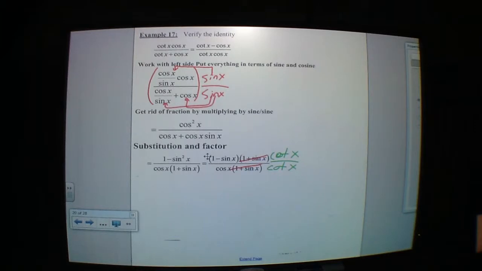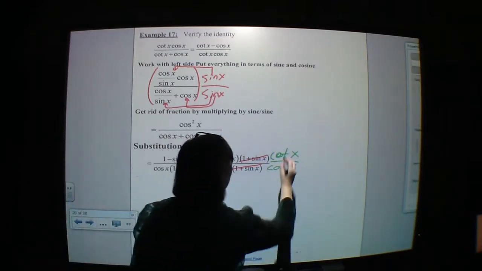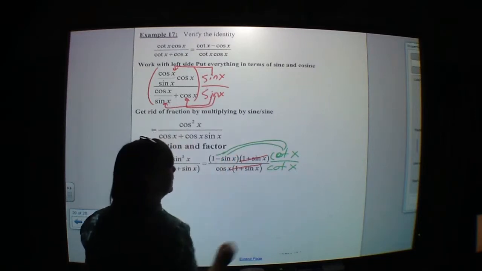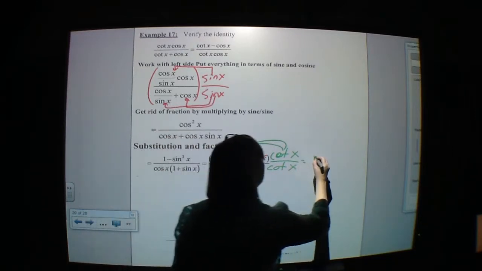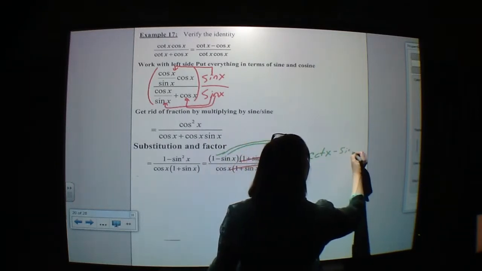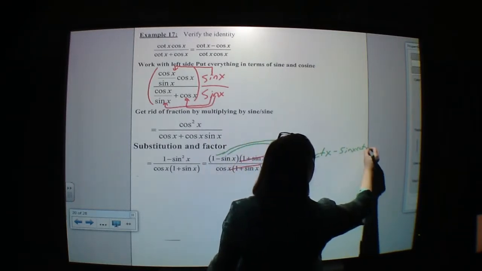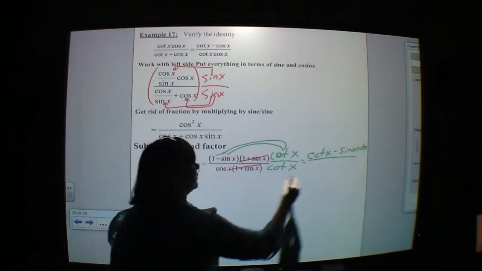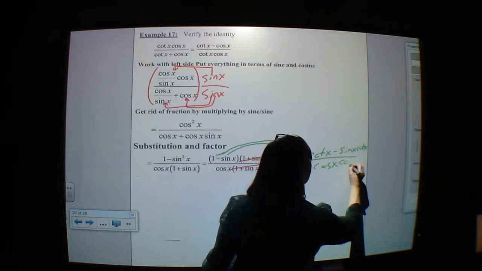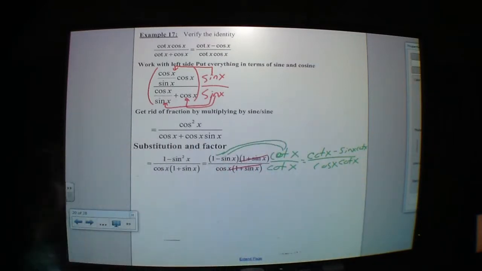And let's see what that does. So when you distribute to each term, you'll end up with cotangent minus sine cotangent over cosine cotangent. Okay?